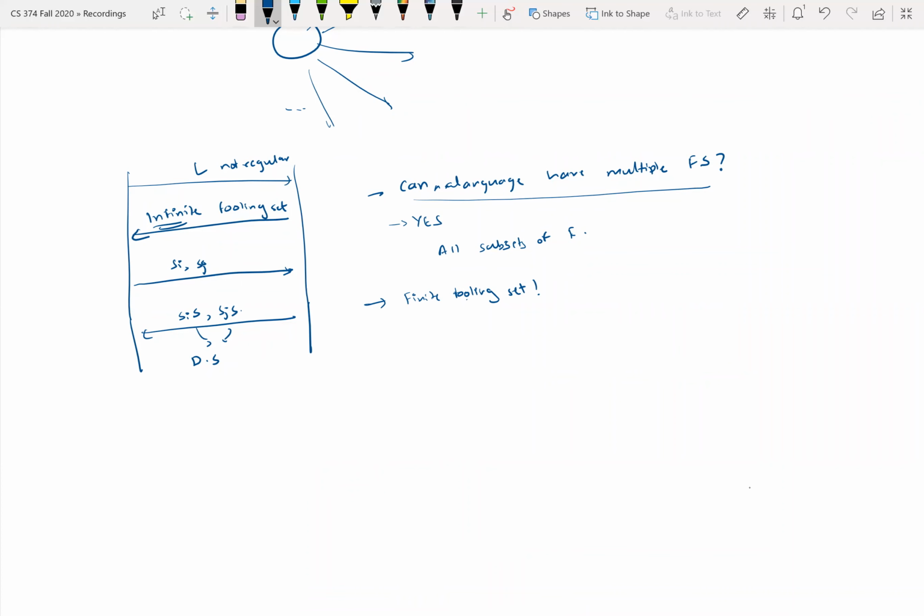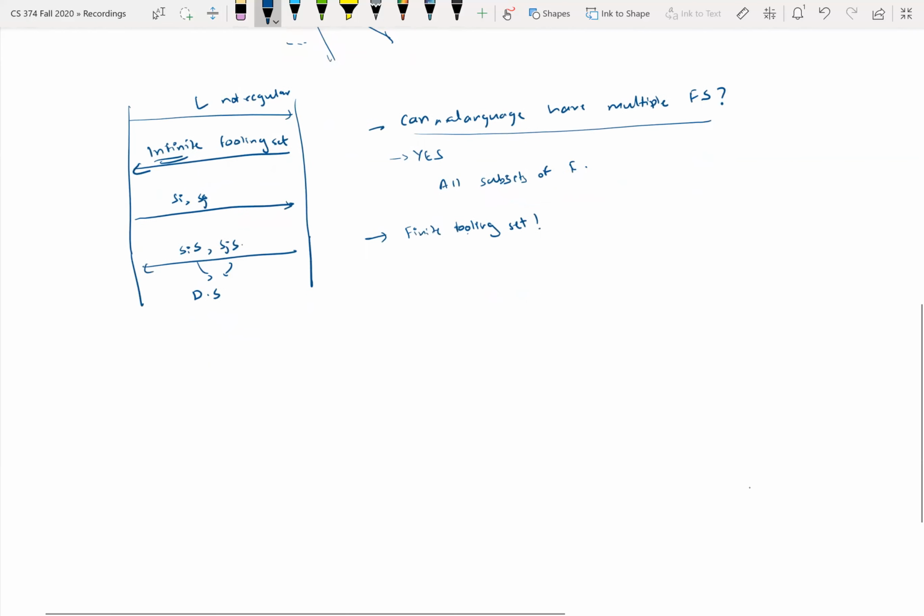A non-regular language can have a finite fooling set. A regular language can also have a finite fooling set. So to prove that a language is regular, you have to give a finite NFA or DFA or a regular expression. To prove it is not regular, you have to give an infinite fooling set. These are the only two ways. Giving a finite fooling set is not going to help in proving the regularity or the irregularity of a language. This is an important point to note.